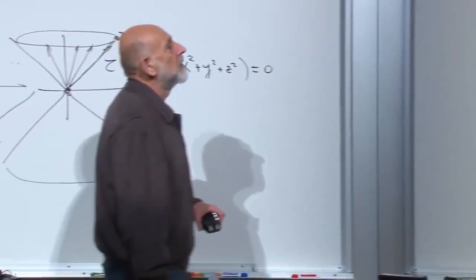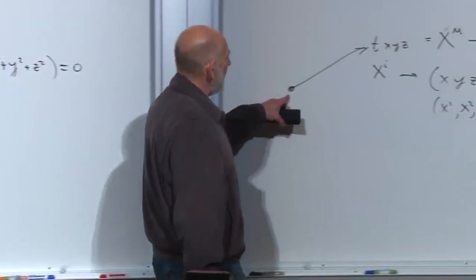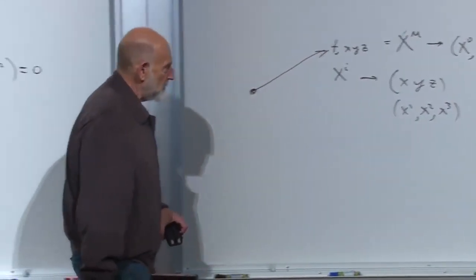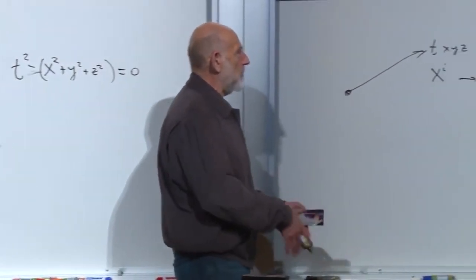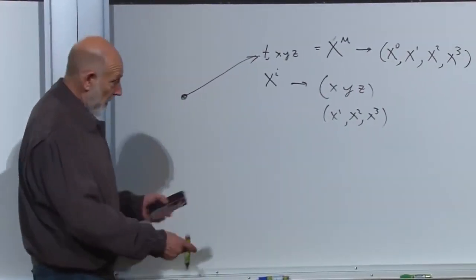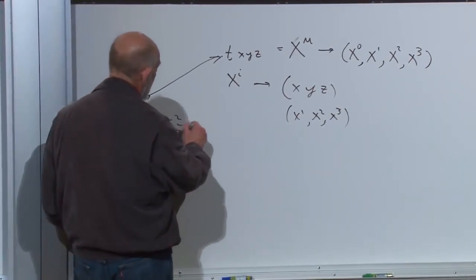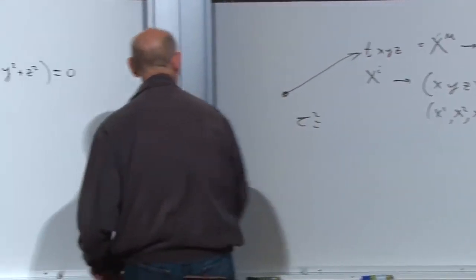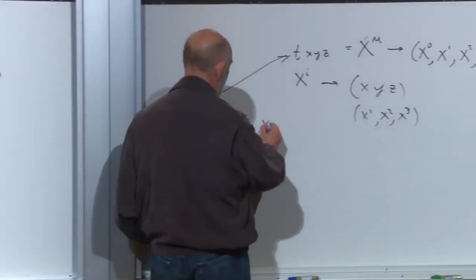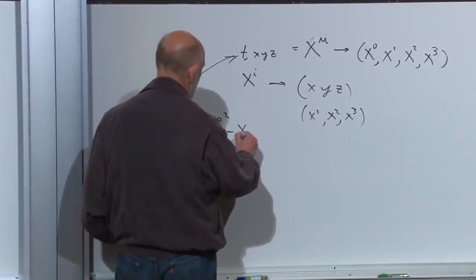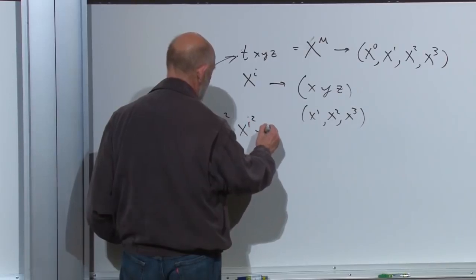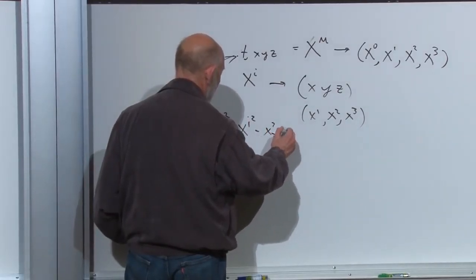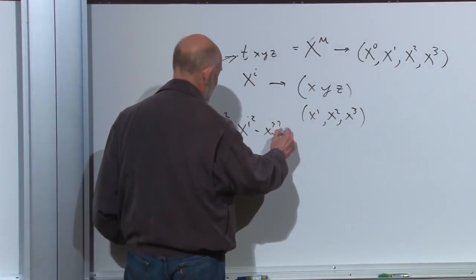What about the space-time distance between these points, the proper time? That's t squared minus x squared, the square of it. Tau squared is t squared minus x squared minus y squared minus z squared. But we can also write it as x0 squared minus x1 squared minus x2 squared, and so forth.